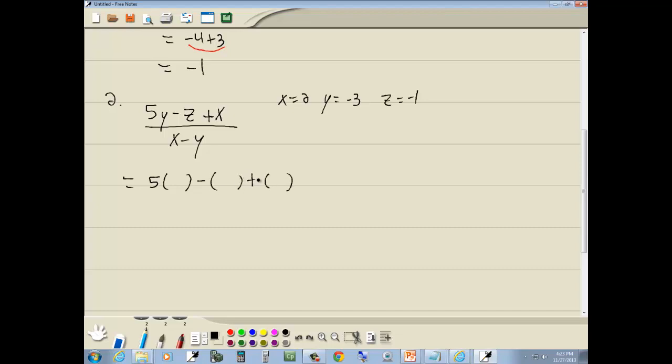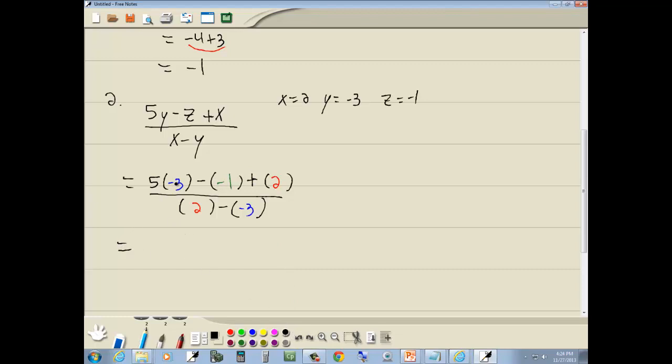I'm just going through replacing the variables with sets of parentheses. So notice 5 is still there, the minus, the plus, the fraction symbol, the minus down below. Well, now we said x was 2, so everywhere we had an x, we'll put in a 2. We said y is negative 3, so everywhere I had a y, I'll put in negative 3. And we said z is negative 1, so everywhere I have a z, I'll put in a negative 1.